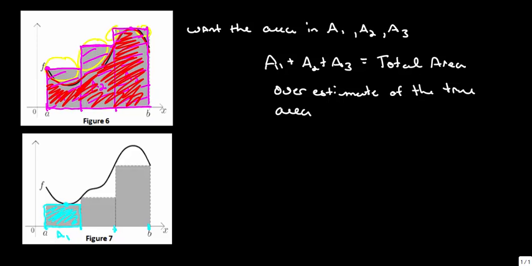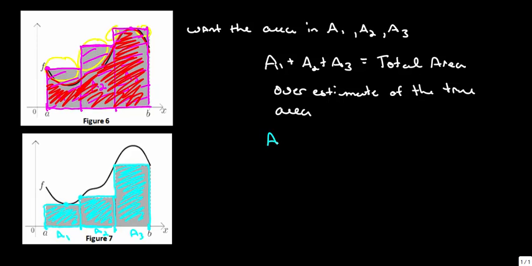Again, we'll take a look over this interval right here. We'll say when is the function at its lowest. So we'll grab this height. Okay, that's A2. And then, of course, on this interval, we'll grab the function's height at its lowest, which is here, and that'll be A3.